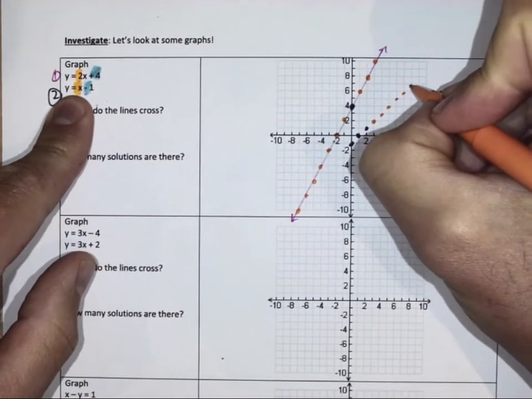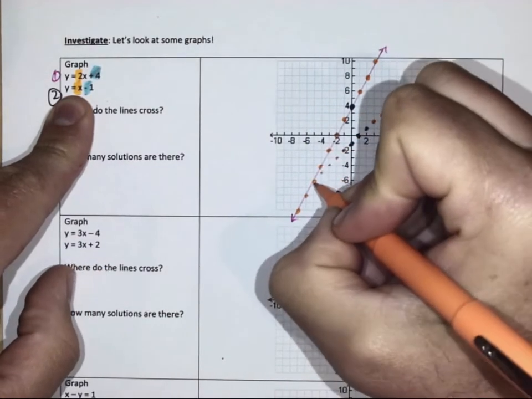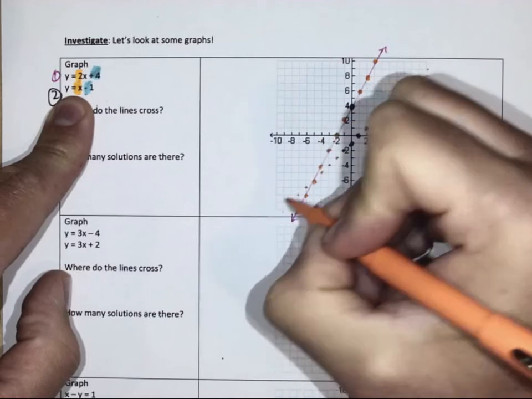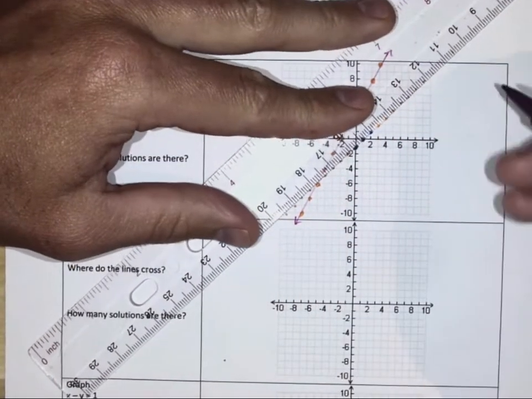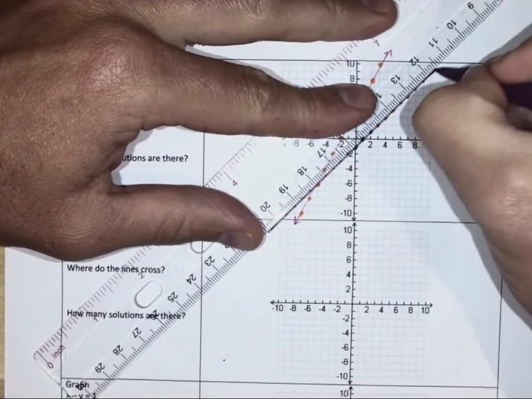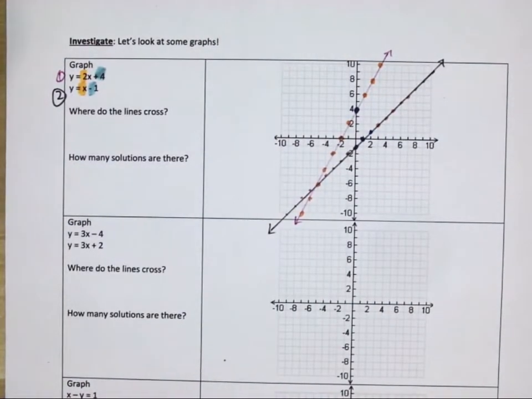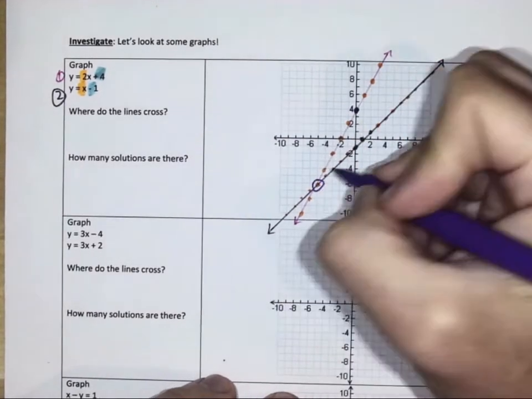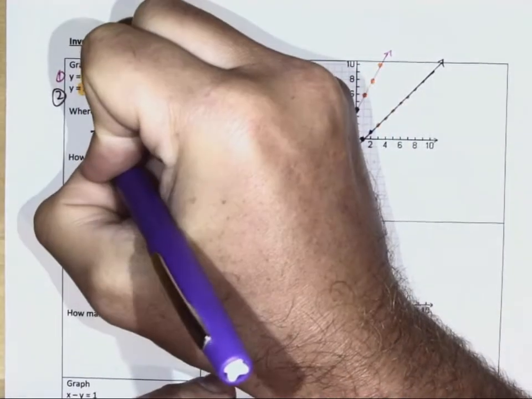Up 1 to the right 1 the entire way, going the opposite way, down 1 to the left 1. Take my straight edge drawing tool. And I can see my point of intersection. There it is. So the point of intersection is -5, -6.